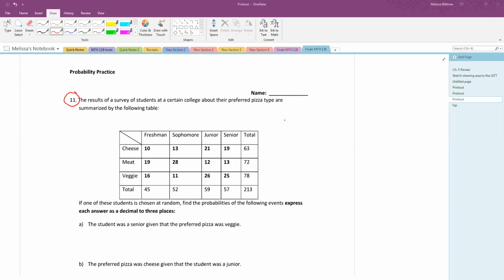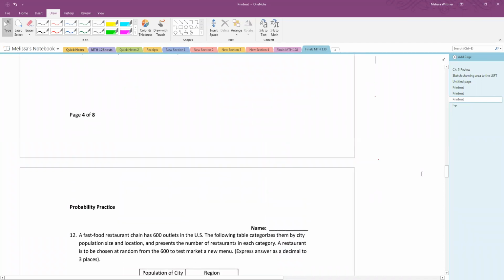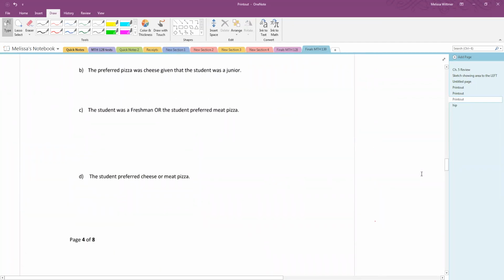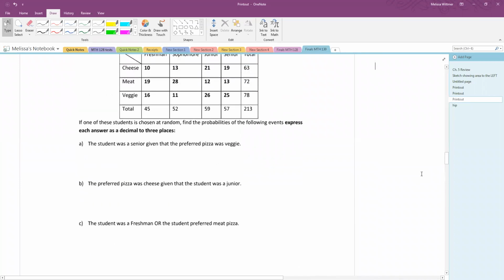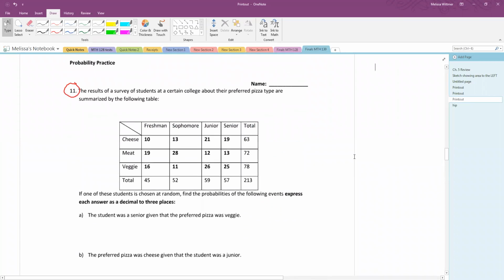All right, so in this table, we're asking different college students about their preferred type of pizza. Okay, so the table is showing, let me go back up. We have freshmen and sophomores, juniors, and seniors. Now, sometimes when we have tables, they do total up the rows and columns for you, but sometimes they do not.